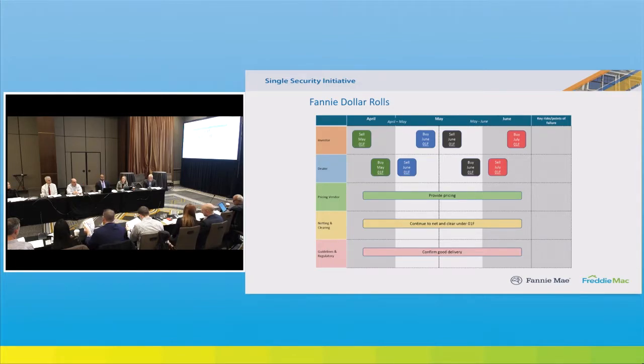Then for pricing and trading, I think it would help if TradeWeb talked through again the months rolling into June, because you're going to have this Fannie TBA market that you're showing, and then in June it's UMBS. So how do you show those months, April, May, June, from the TBA market perspective?